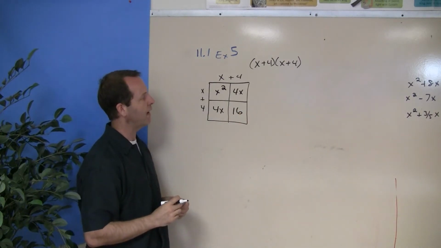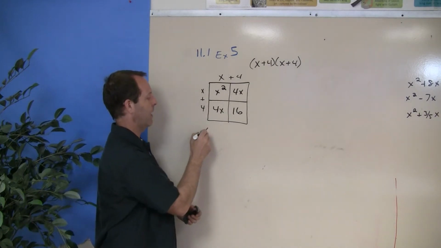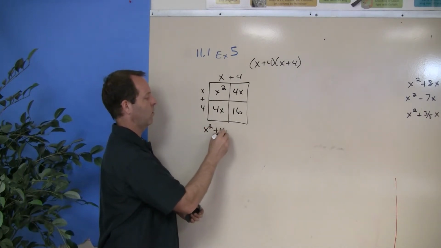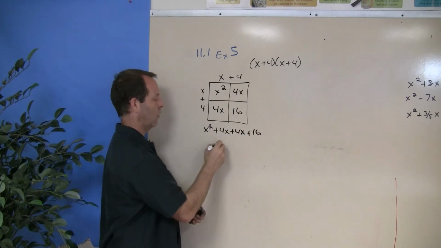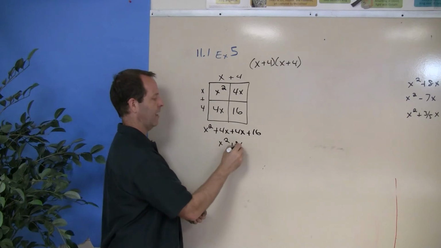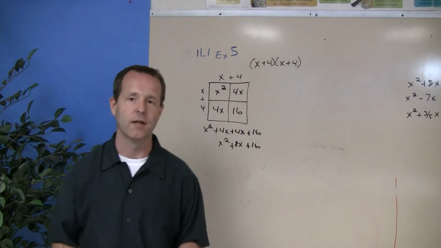If I'm trying to find all the area inside that box, I can add them up. I have x squared plus 4x plus 4x plus 16, or x squared plus 8x plus 16. And there I have a perfect square trinomial.